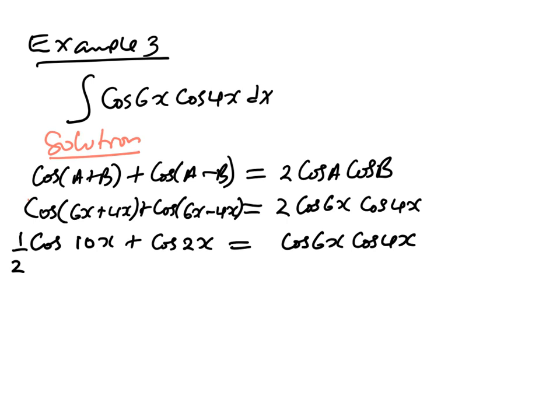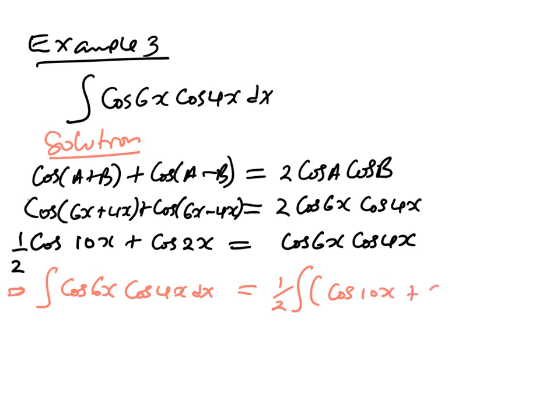Let's try to integrate. Integrating cosine 6x cosine of 4x dx, you will end up with a half times the integral of cosine 10x plus cosine of 2x dx. Integrating a cosine, you end up with a positive sign.